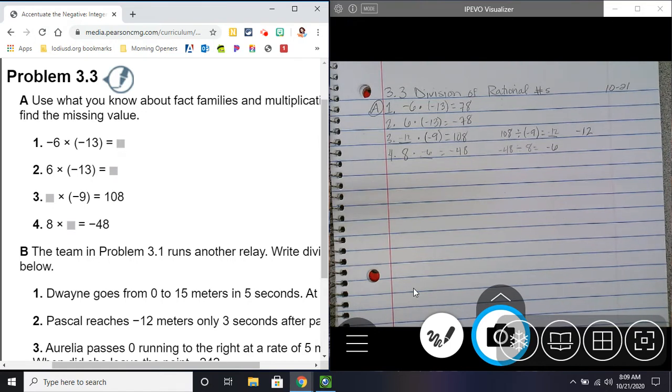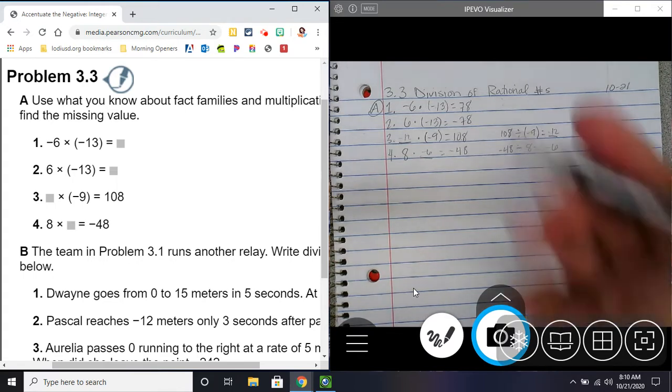Part B says the team in problem 3.1 runs another relay. Write division sentences that express your answers to the questions below. Number 1, Dwayne goes from 0 to 15 meters in 5 seconds. At what rate, meters per second, does he run?